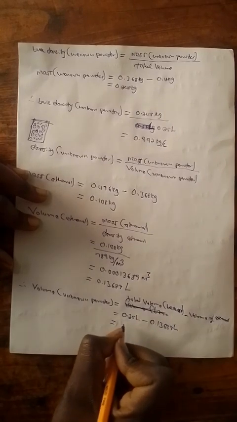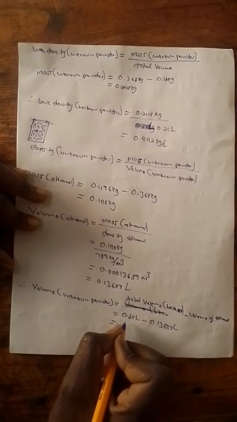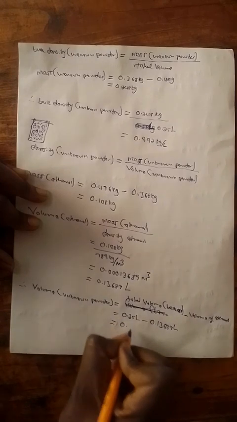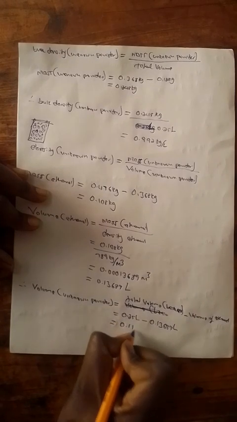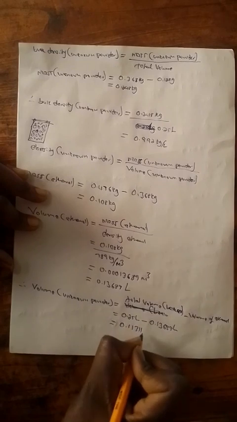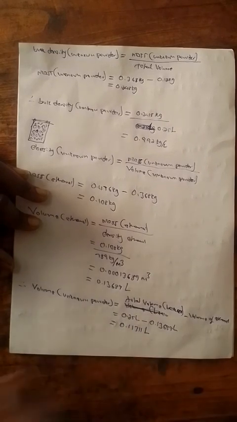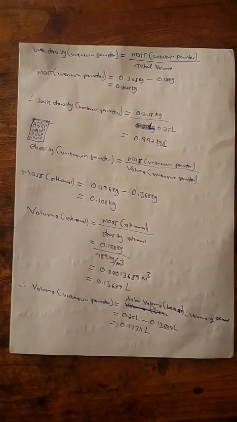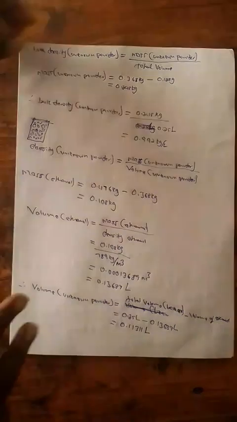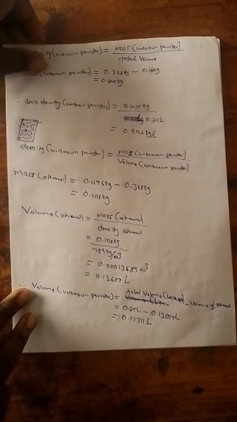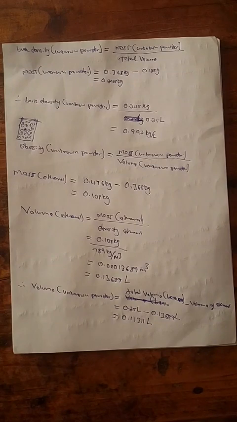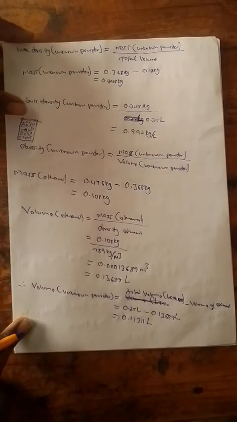And if you use your calculator, it's gonna give you 0.11311 liters. So now at this point we have calculated the volume of the unknown powder.